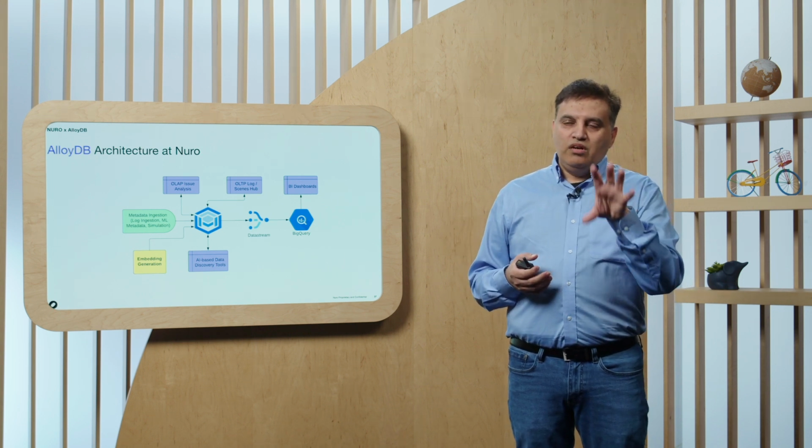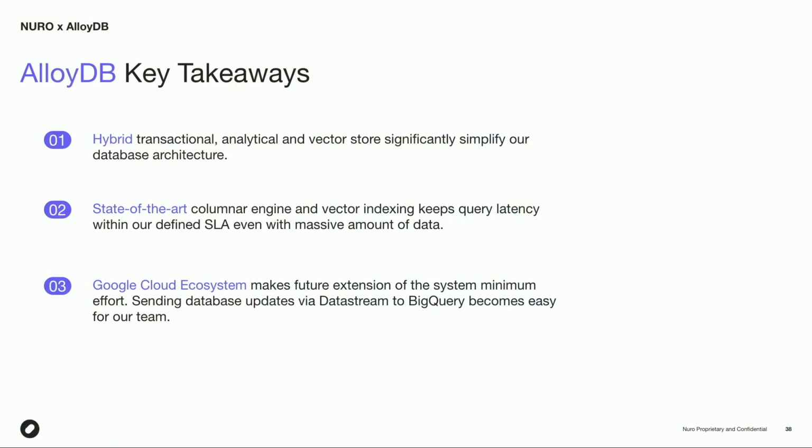They do most work on AlloyDB, but they also stream data to BigQuery for some of their dashboards and a few other things, but they are switching users between them, and they want to standardize on AlloyDB. So net, they like the hybrid transactional, analytical, and vector store as a single database solving all their problems.